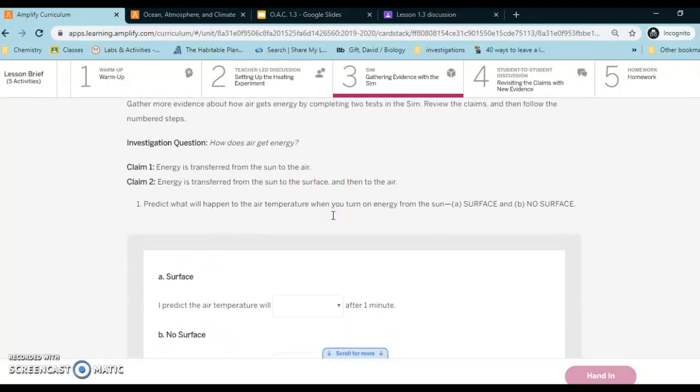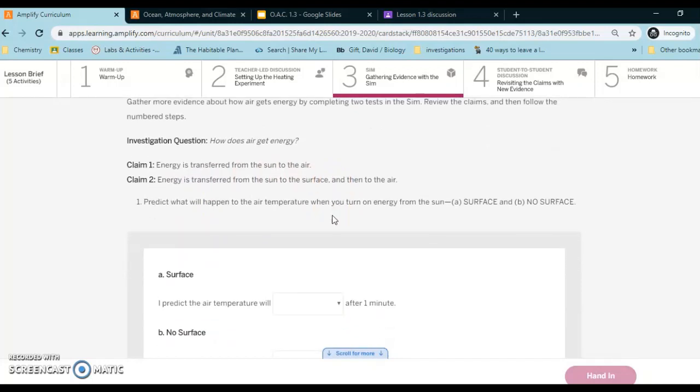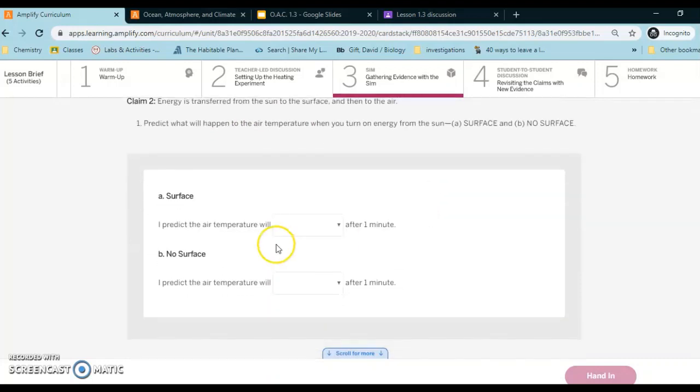So now we really want to see what's happening with our second experiment. We're really trying to figure out if what we saw in the last experiment is true all the way around. The first thing we're going to do is predict what will happen to the air temperature, right, with surface and no surface. So I predict that the air temperature will, and you're going to choose increase, decrease, or stay the same.